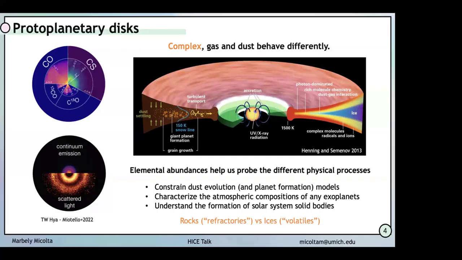Versus ices, or volatiles, where you need lower temperatures, and you will have this whole sublimation further out, and that's where you have the different snow lines and all these different properties that we're now seeing with JWST, which is amazing.